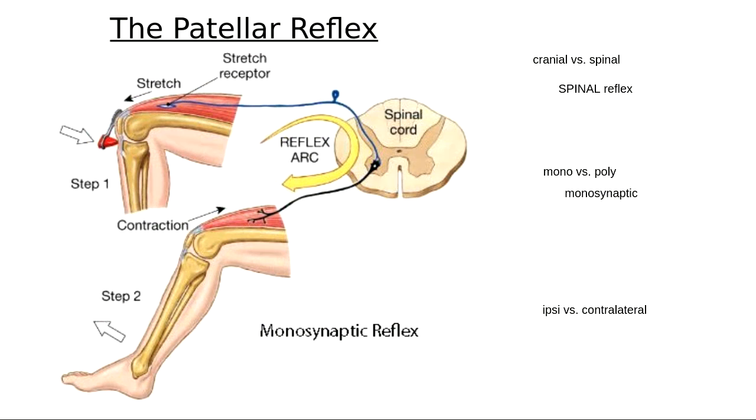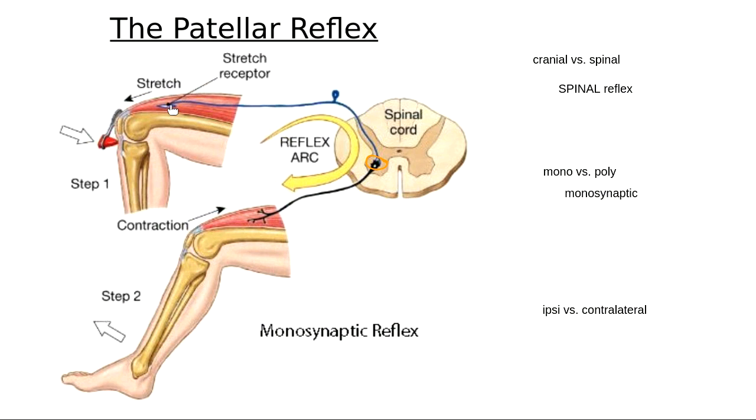I've got a synapse right here. I just tried to circle it. I circled it poorly, so hopefully you can see it better in your notes. I have one place where this blue neuron is synapsing with this black neuron right here. One place where we're talking to each other. One place where they meet. I don't have any other places where neurons meet. I have the place where I detect my information up here.